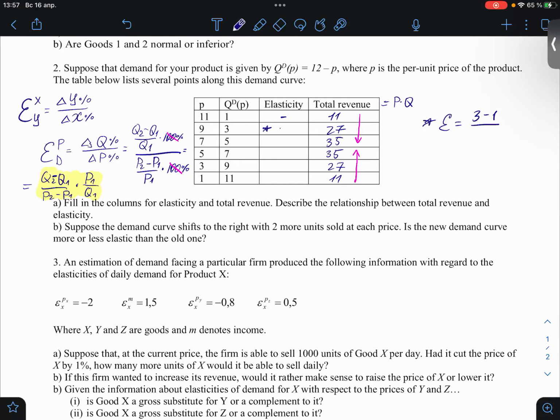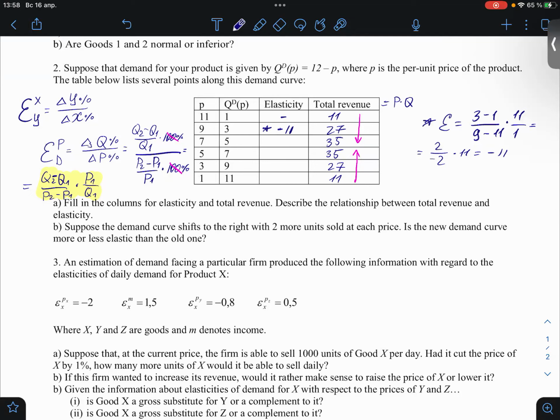Price now is 9, before it was 11, multiplied by the first price over the first quantity demanded. And here will be 2, here minus 2 multiplied by 11. So this is minus 11. Elasticity of demand by price is always negative because of the rule of demand: the higher the price, the lower the quantity demanded, the less we want to buy.